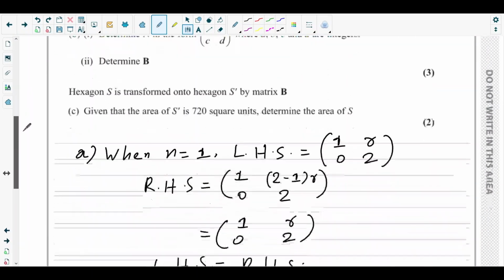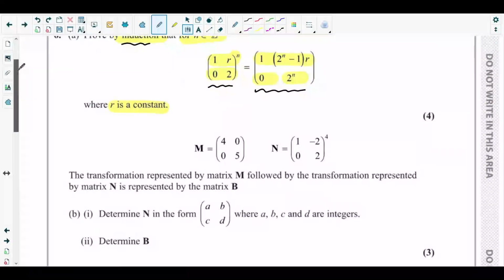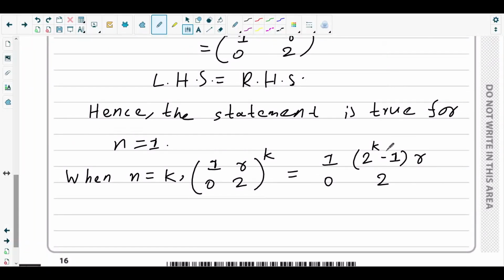The power is 2 to the power n, so in this case it will be 2 to the power k. So this is the equation when n equals k.